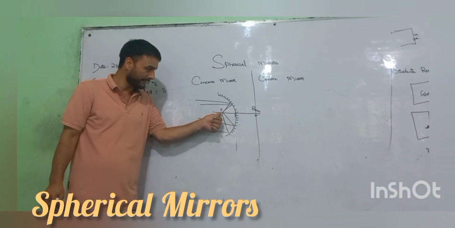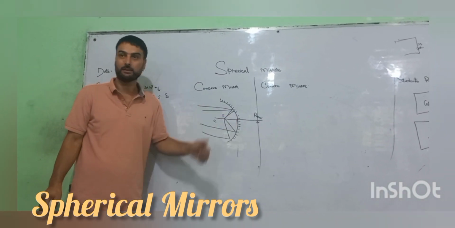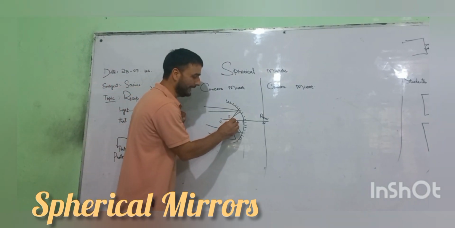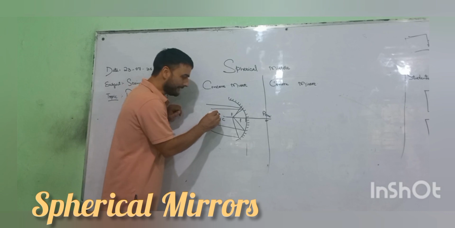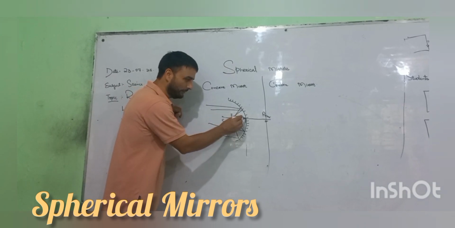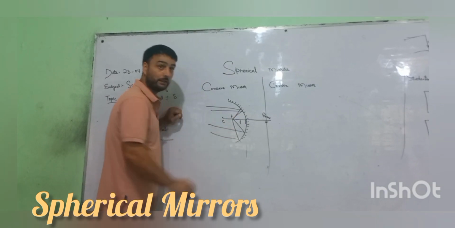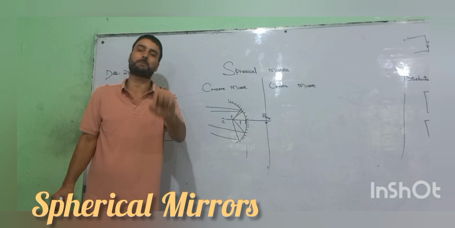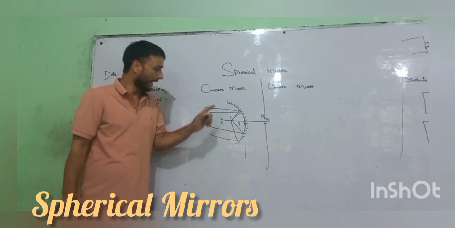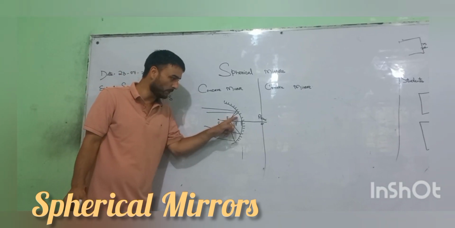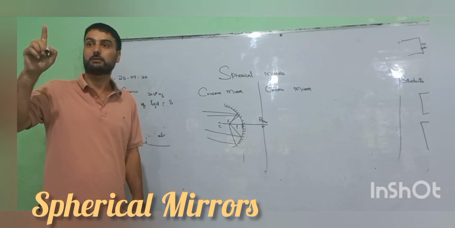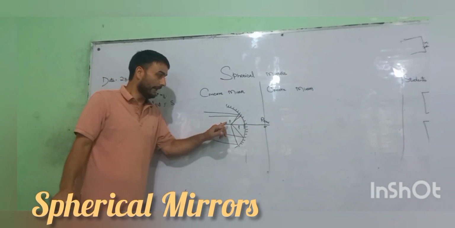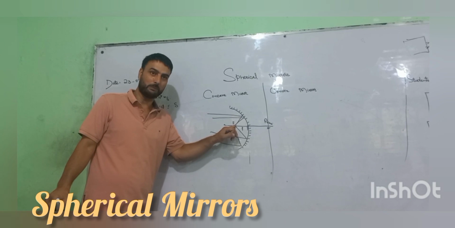The distance from principal focus F to P is known as the focal length, denoted by small f. My dear, the distance from the center of curvature to the pole of the mirror is known as the radius of curvature. And the distance from the principal focus to the pole of the mirror is known as the focal length. This point is known as the principal focus.